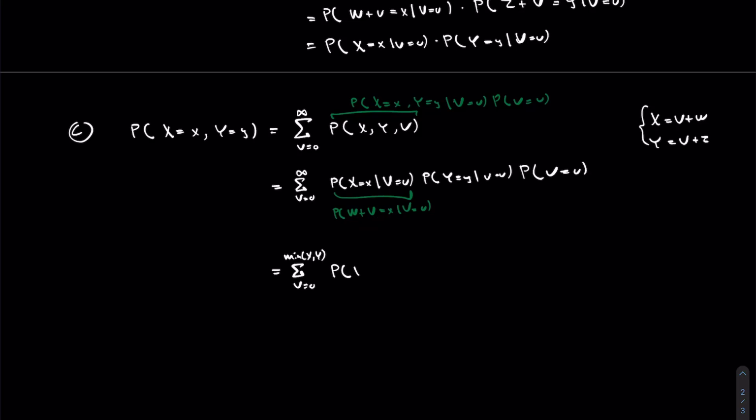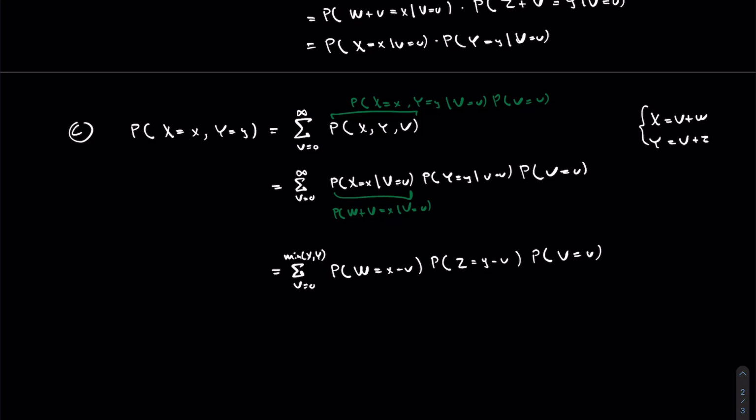The probability of W equals x minus v, and then the same thing for Y, which is Z equals y minus v, and that whole thing multiplied by the marginal of V.